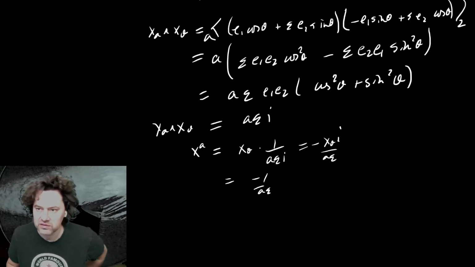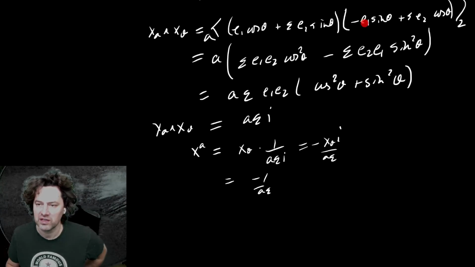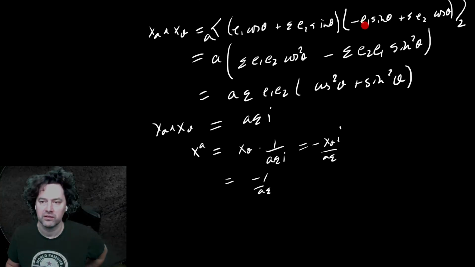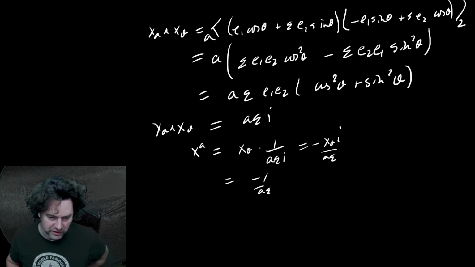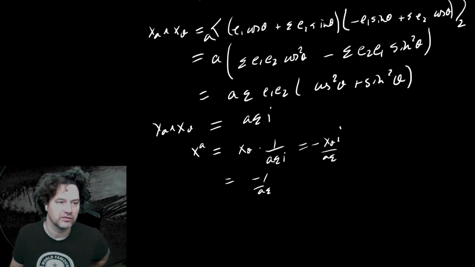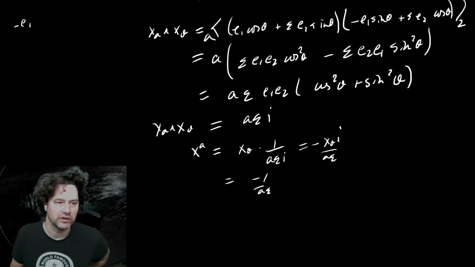And I'm going to just do this in my head here. So E1 times I, or minus E1 times, I think it's worth writing it out. So we have, say, minus E1 times minus I is E1, E1, E2, which is E2.